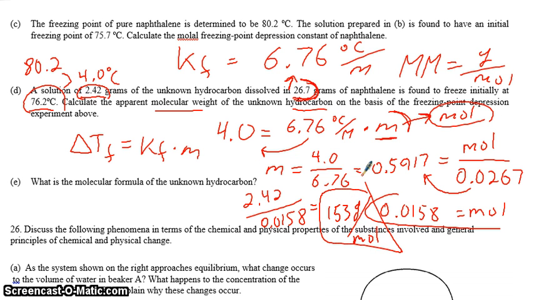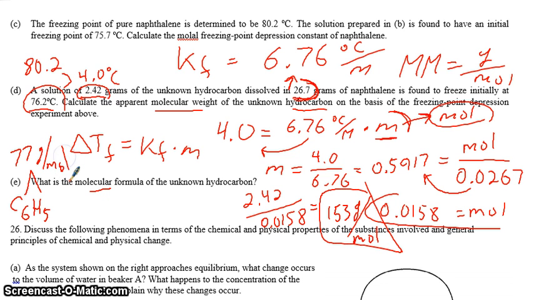We are almost there. The last thing they want us to know is the molecular formula. Now we'll compare this against the empirical formula, which was, remember, C6H5. If you add these up, you'll see that this is roughly 77 grams per mole.